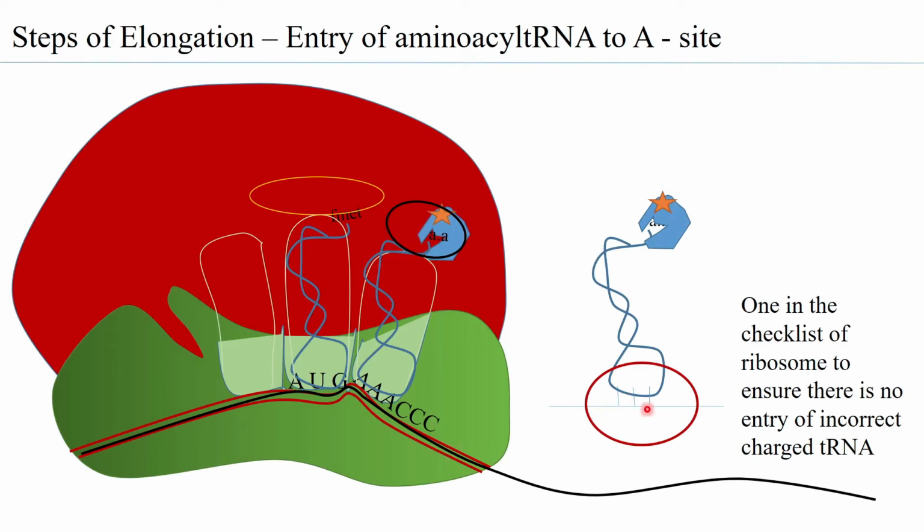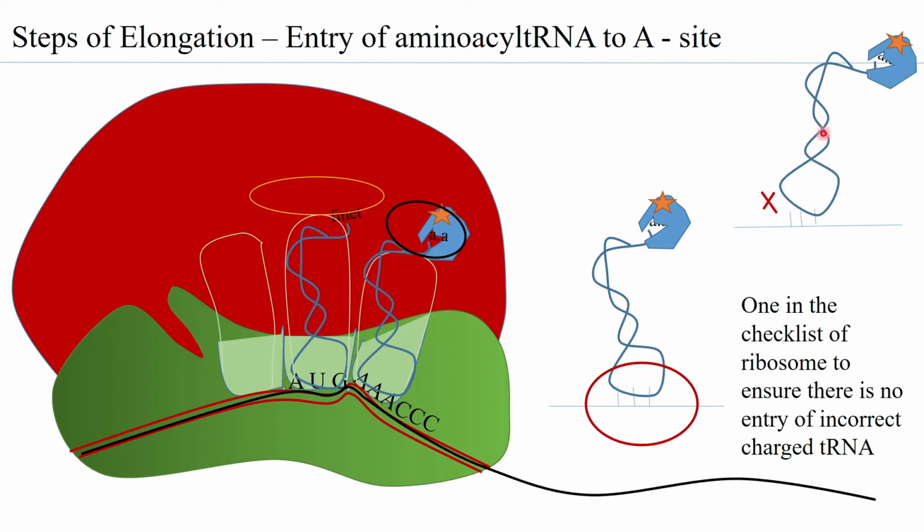Now, this is so effective that even if there is one mispairing, that is a base mispair, so you have one nucleotide of the anticodon not complementary to the codon, or one of the nucleotides in the codon, then it is observed that you will not have proper positioning of the tRNA on the codon, that is on the mRNA, and you will not have this interaction proper.